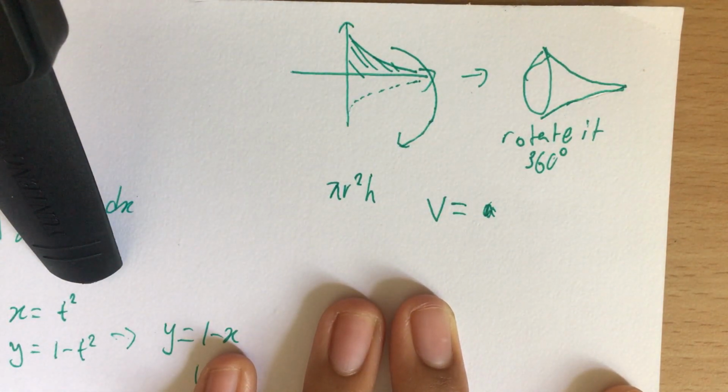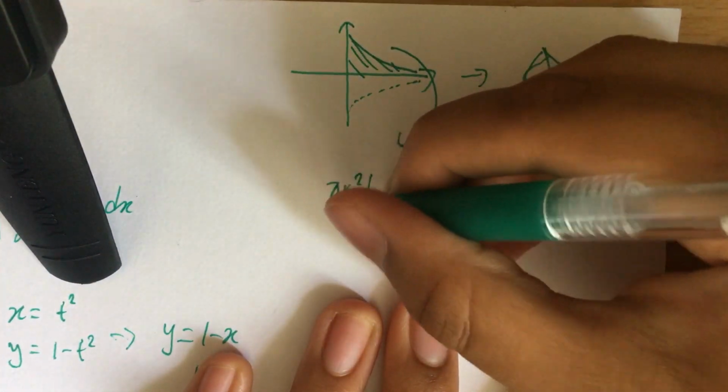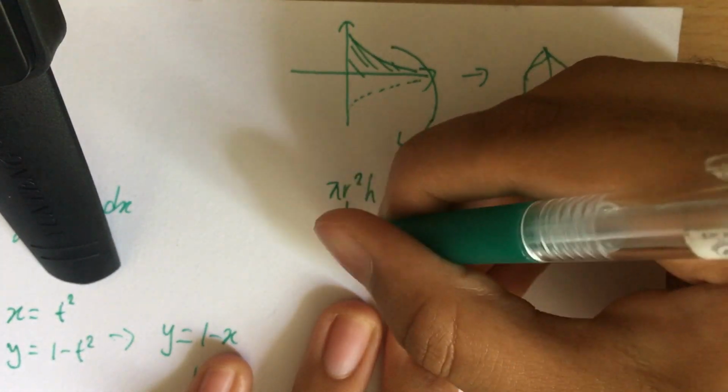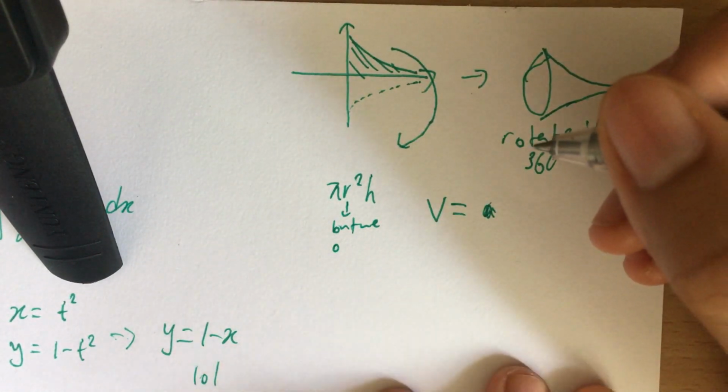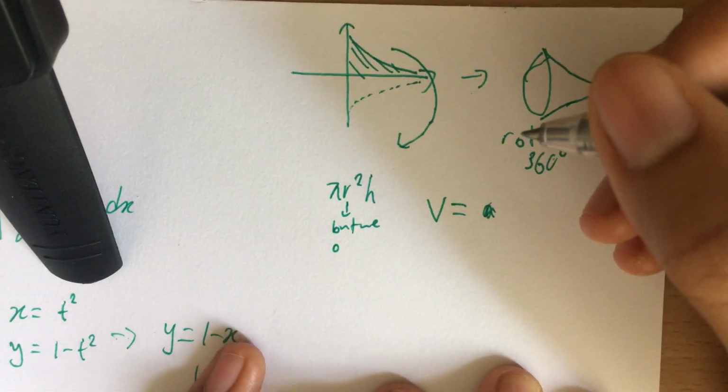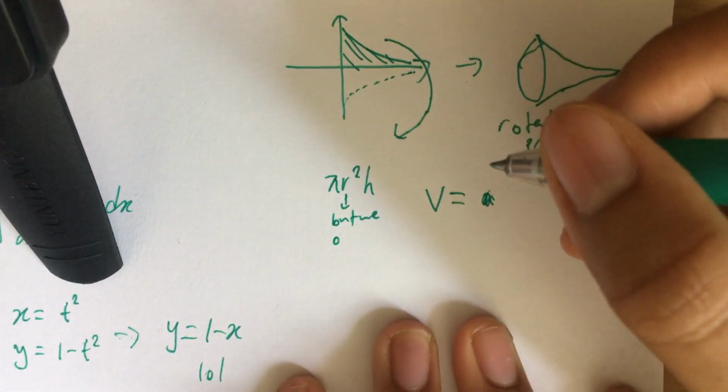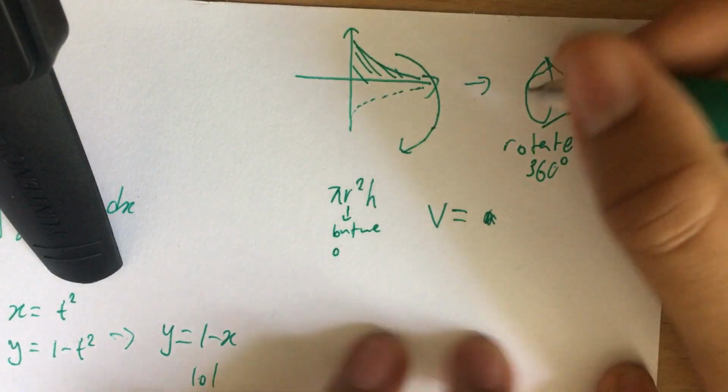So you need to focus on which area you're trying to rotate to begin with. Once you find that, you can then proceed to times it by pi.